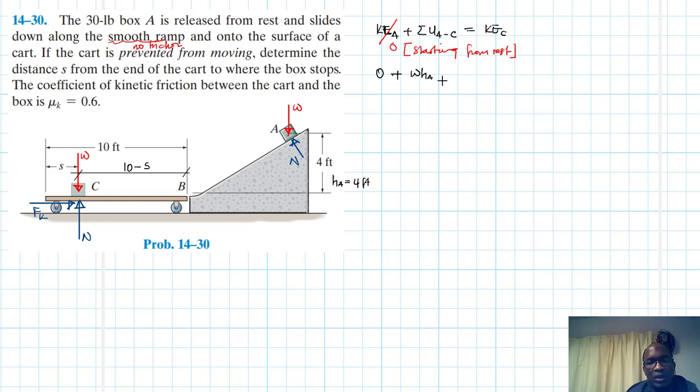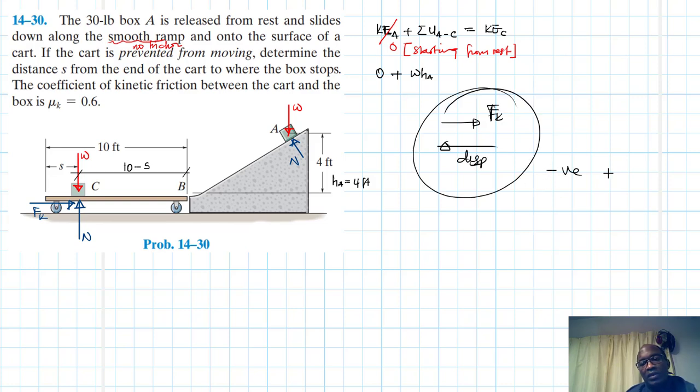Then, the moment the box goes onto the cart, it's going to experience a friction force. Therefore we're going to have work which is negative. We have friction like this, Fk, and the displacement like this. This gives us negative work.